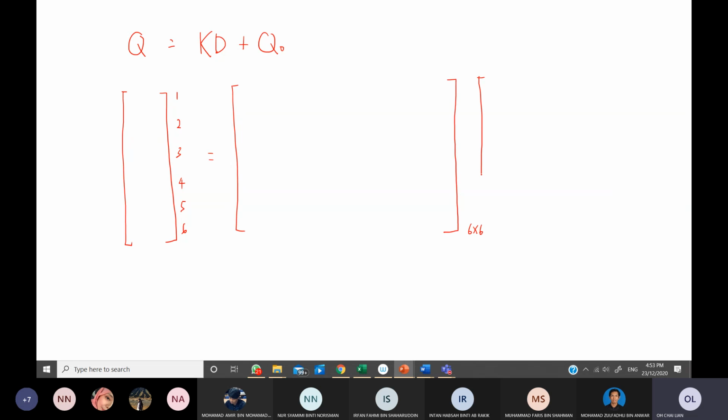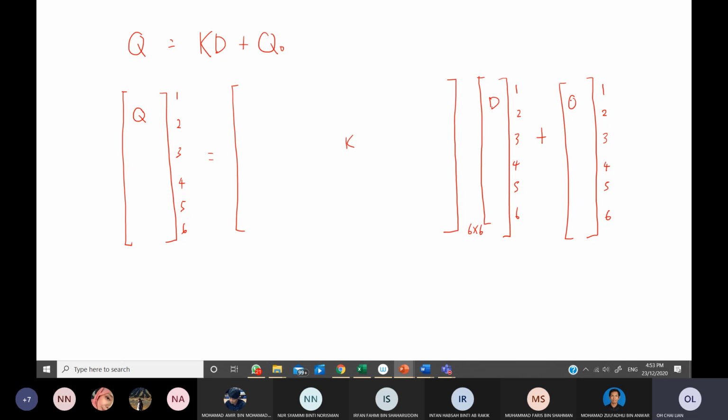And you also determine the displacement vector, 1, 2, 3, 4, 5, 6. And you also determine the Q naught. So you just place it properly to solve your displacement. So you have Q, you have K, you have D, you have Q naught.